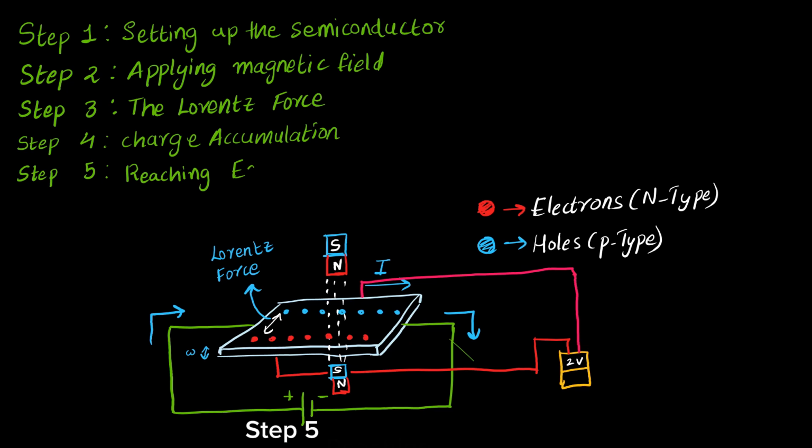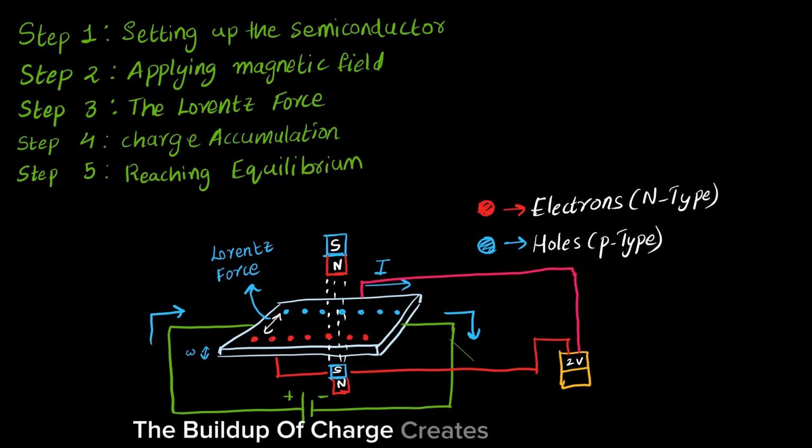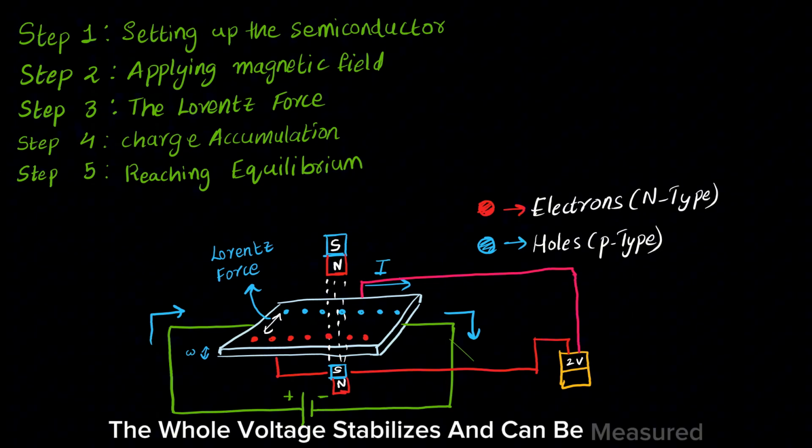Step 5. Reaching equilibrium. The buildup of charge creates an electric field, the Hall field, that pushes back against the Lorentz force. When these two forces balance, the Hall voltage stabilizes and can be measured.